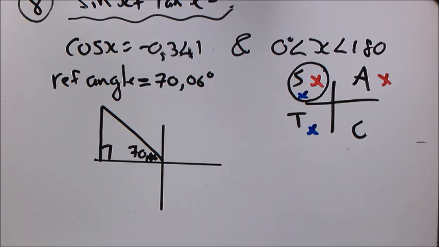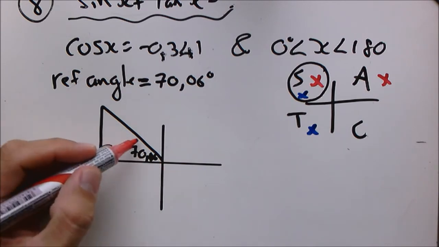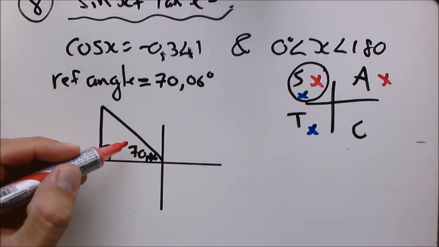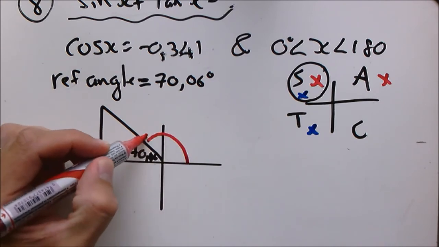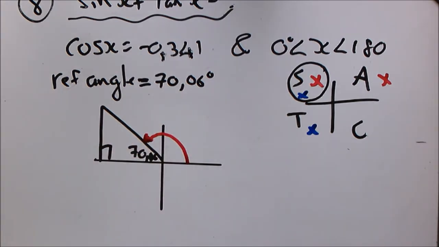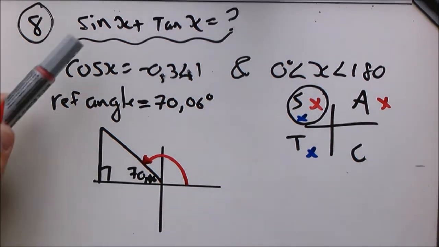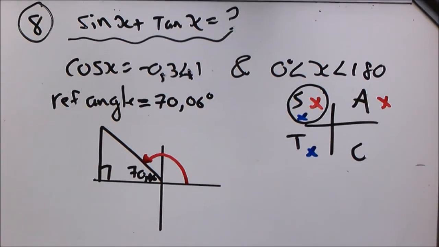Now keep in mind that this angle is 70.06 from 180. So the angle we are working with is that one when determining what sin x and tan x would be.